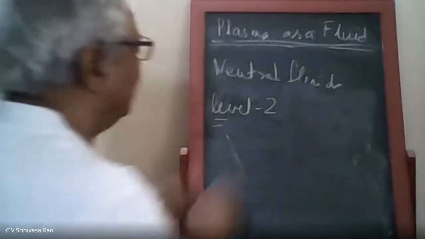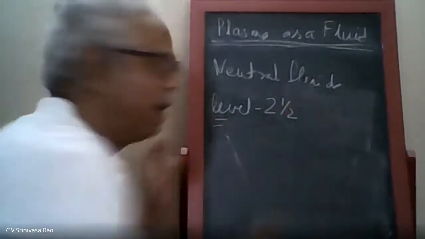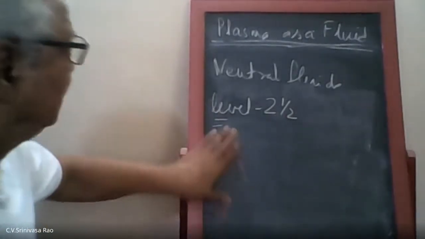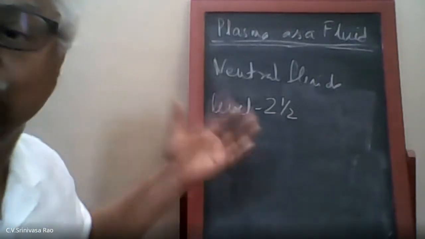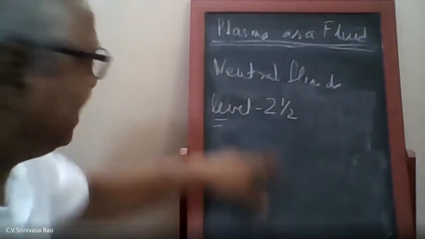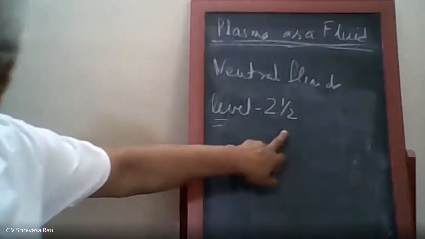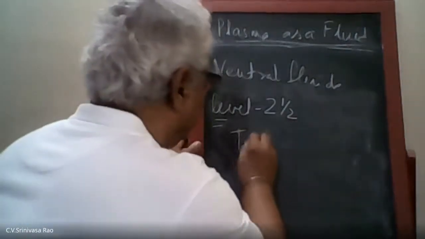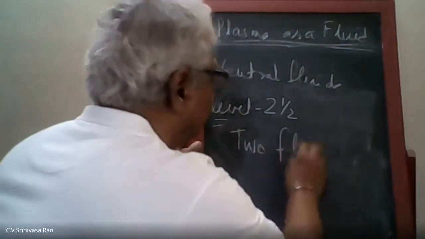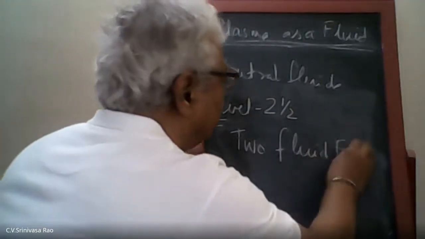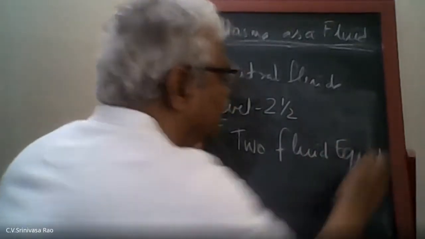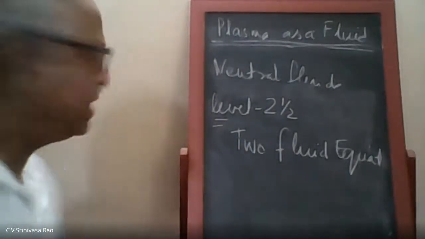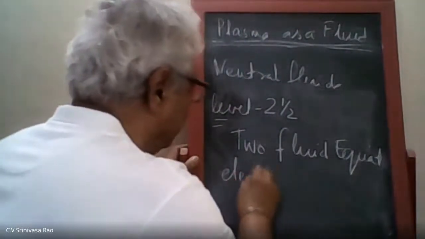Okay. Now, in the plasma, after the level 2, you have a level called level 2.5. So in the neutral, it was 2, and then next level was 3. Whereas here you will have a level 2.5. This is basically described by a two fluid equation. So the most dominant constituents are basically electrons and ions.